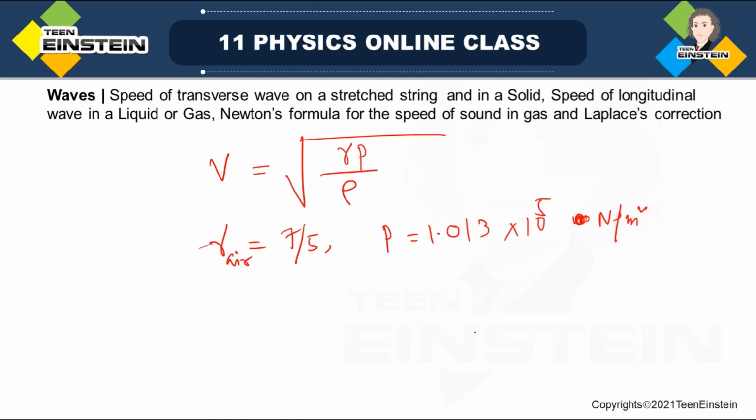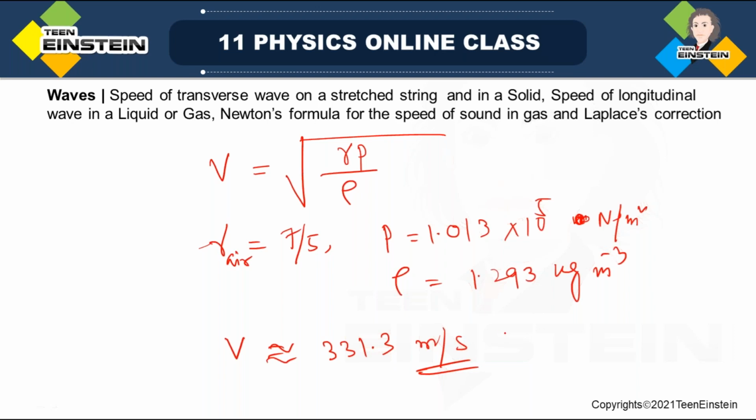And if you put the density to be 1.293 kg per meter cube, it is found that the velocity will be nearly equal to 331.3 meter per second. So it is actually very near to 331 meter per second, which is the experimental value of the speed of sound in air. So Laplace's correction is justified.